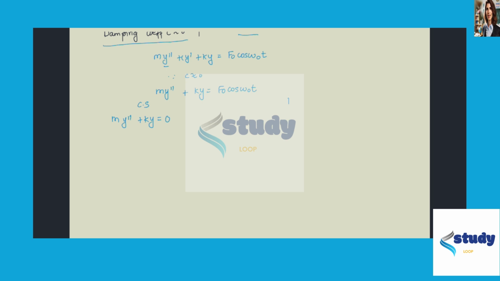And we'll have the particular solution, yp, and since we have cos here, we can write yp as a sine omega naught t plus b cos omega naught t, and we'll see what values of a and b we get after solving this.